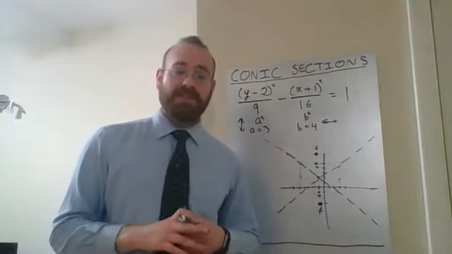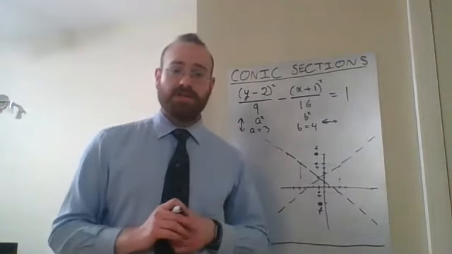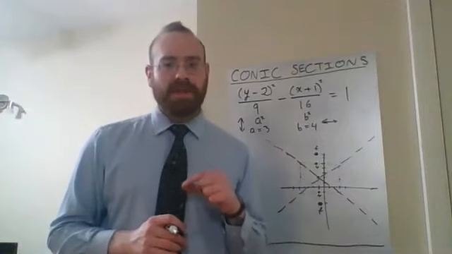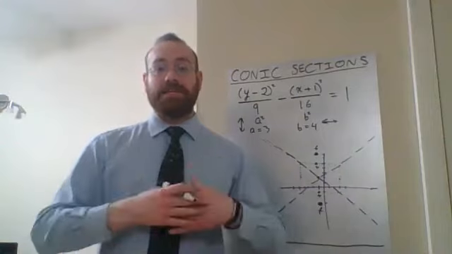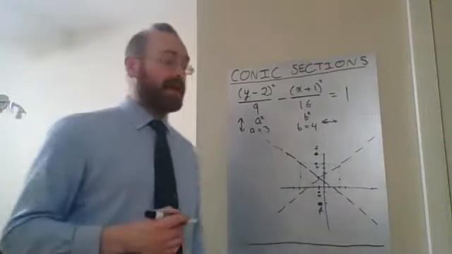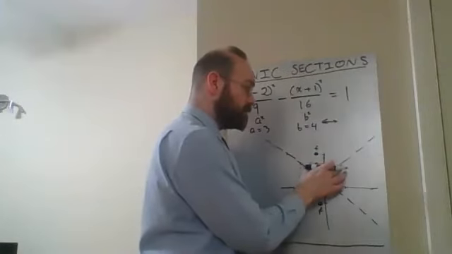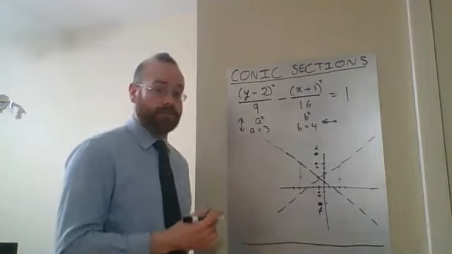A lot of the steps for graphing conic sections are very straightforward, but because there's a lot of steps, you really have to make sure you're paying attention to those little details, or it's easy to get off track. So the very last thing we need to do is use the box and the asymptotes to draw in our branches.